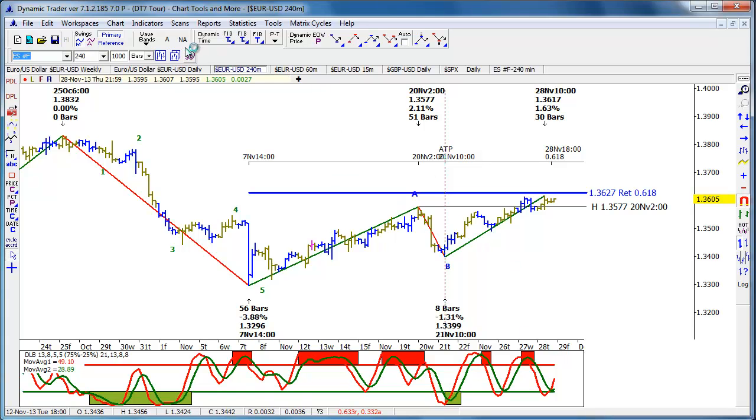Let me show you just a couple other quick functions that I like to use on a regular basis. One is our end of wave, our wave bands. I like these because they're very visual on the chart, in that the euro dollar has come just a little bit higher than the minimum wave C price time target.